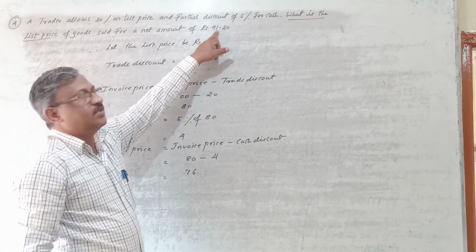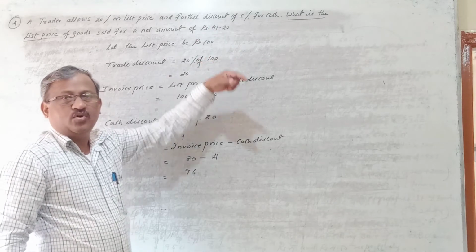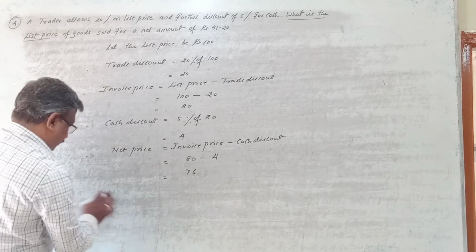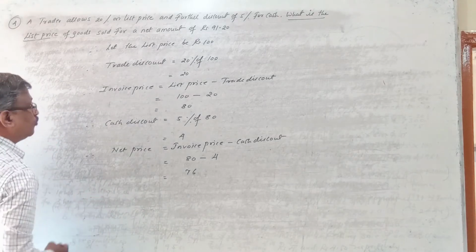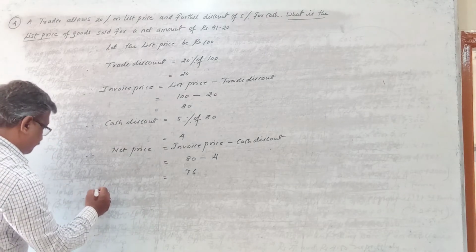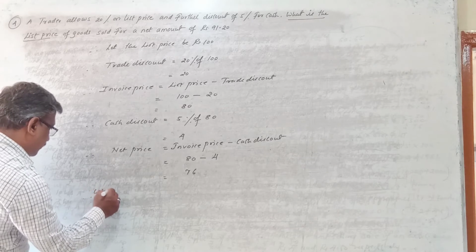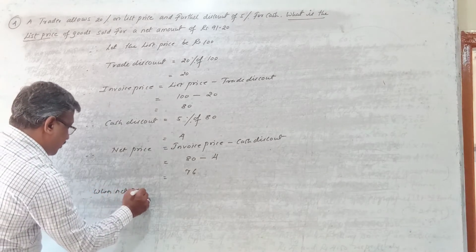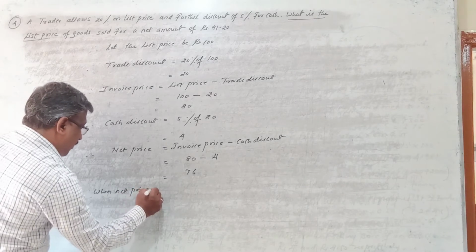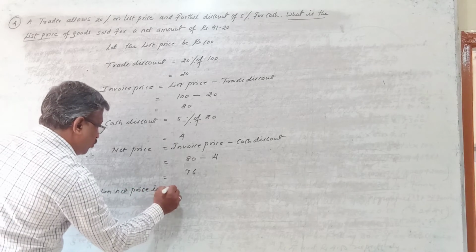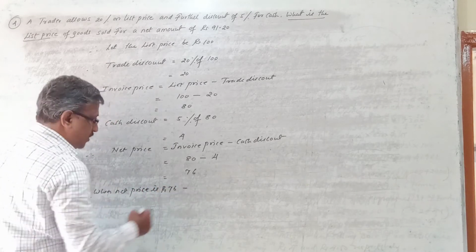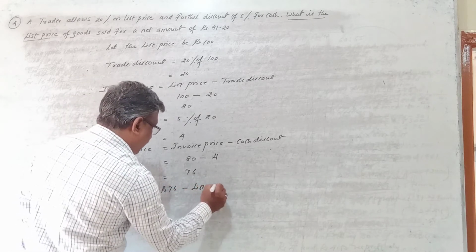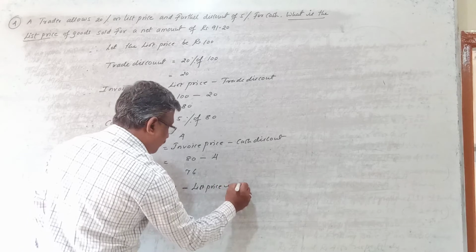I want to know, when this is the net price, what should be the list price. For that we need to put the equation. So the equation is, when net price is rupees 76, what should be my list price? My list price must be rupees how much?